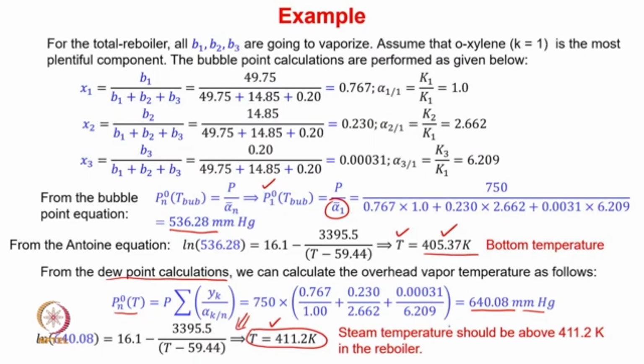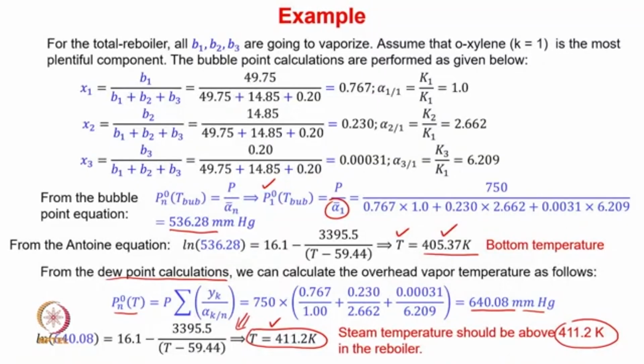And finally the steam temperature should be greater than this. In order to have a satisfactory operation here, we need to have a steam with a temperature greater than 411.2 Kelvin.